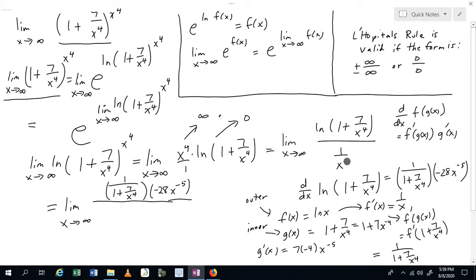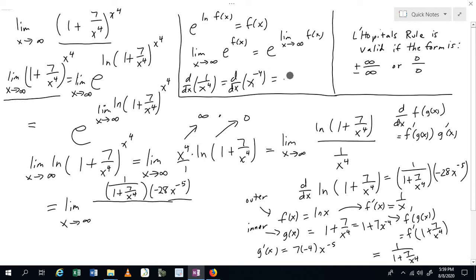Okay, and then we need the derivative of this bottom piece. But that's pretty straightforward. Before you find that derivative, just rewrite this as x to the negative 4 first. Same old trick that we've used down here.